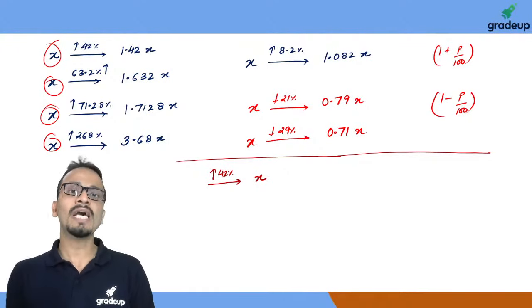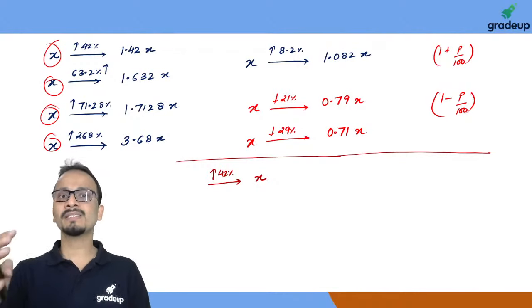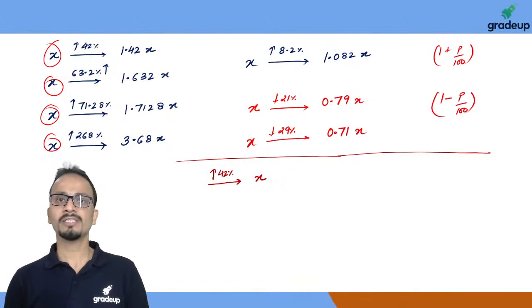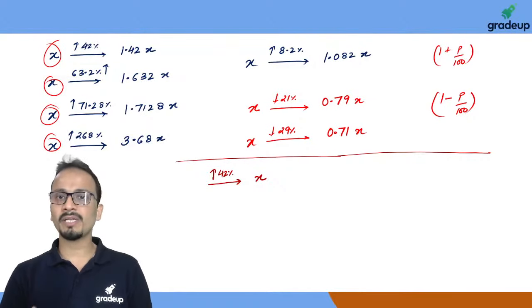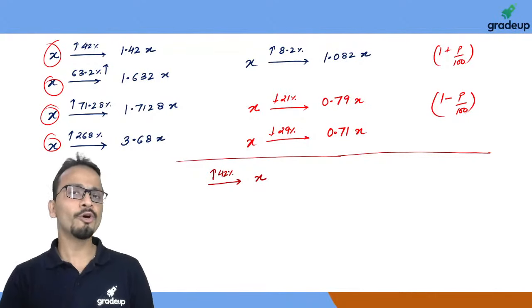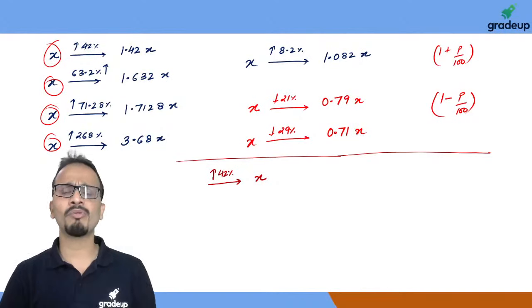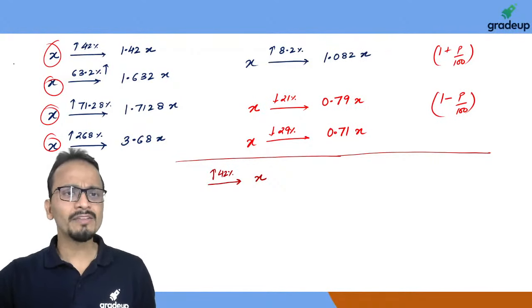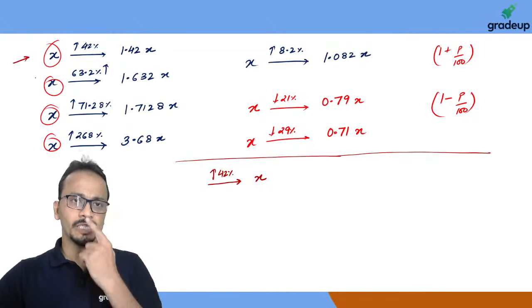You will be able to directly relate cost price, selling price, and market price if you have clarity of this concept that I'm teaching you right now. Understanding this concept will help you get rid of all the formulas in profit and loss. So just look at the first example at the top of the screen.